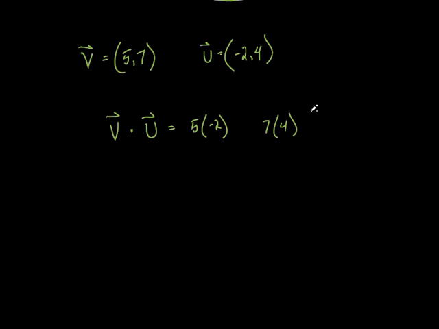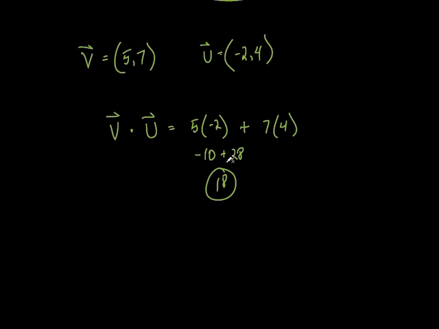Then what do I do to those? I don't multiply all that together at once. What did my dot product say? Add them, right? So you add them together. That's all there is to it. So that's negative 10, that's 28, and that's 18. So if I asked you to multiply those two vectors together, you would just get 18.